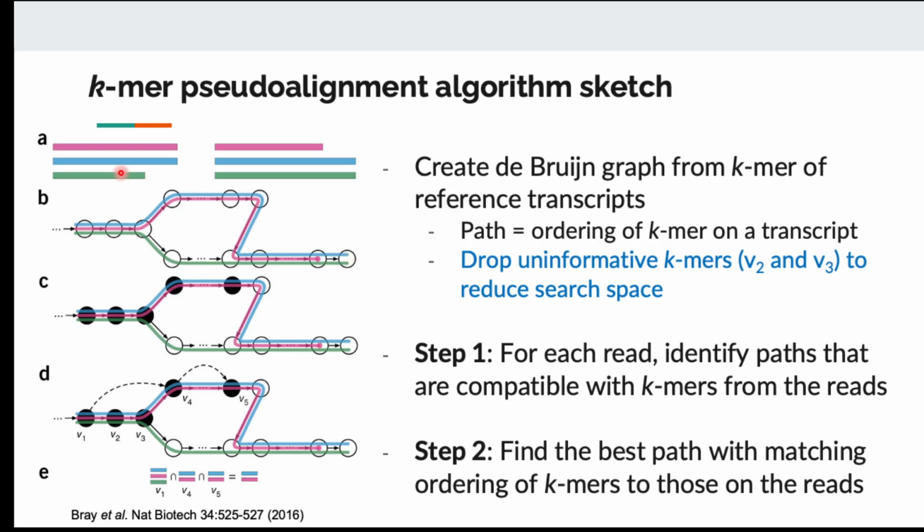The green transcript is common with the other two in the beginning, and then there's some exon here that's unused. So the green isoform and the blue and the pink isoform are going to differ in the middle, where the green isoform has its own k-mer by connecting these two exons, which doesn't appear in the other two.